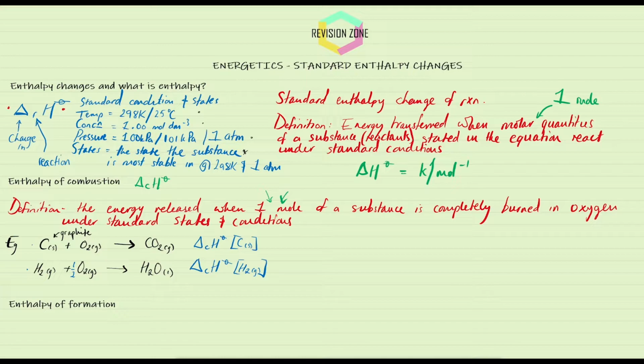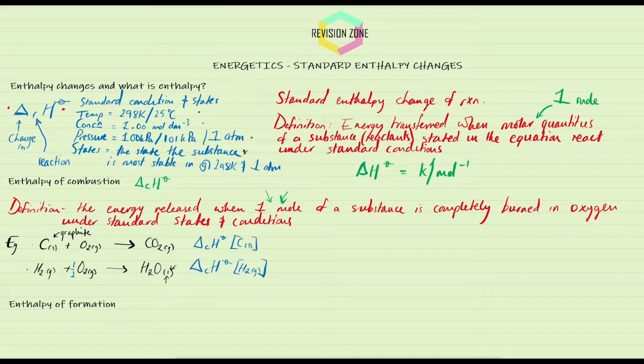You might want to look to see if it says gas here. If it does say gaseous here, it's no longer standard enthalpy change, because we're using some of the energy from the combustion reaction to vaporize the water. That's why our overall enthalpy value becomes more endothermic or less exothermic.